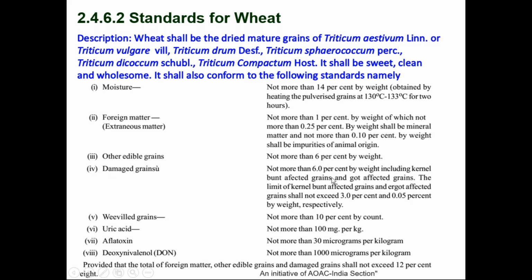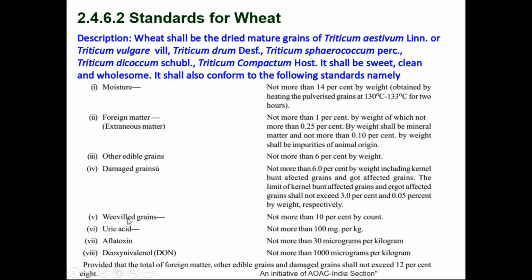Damaged grains, not more than 6%. Weevilled grains, not more than 10% by count. So the regulations have to be read carefully because at times they are by weight and at times they are by count. So if you count 100 grains of wheat, not more than 10 grains of wheat should be weevilled.